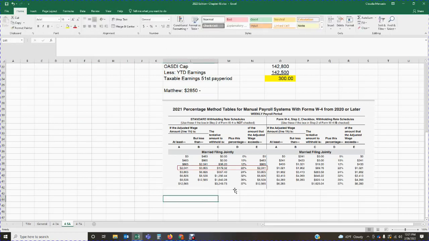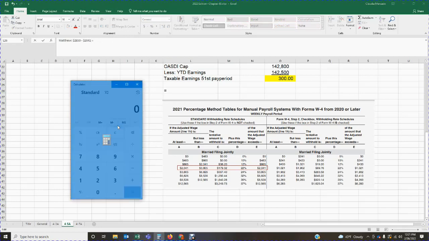Okay. So Matthew makes how much? $28.50. So we're going to deduct from the $28.50 that $2,041. We're going to subtract, and let's see what that gives us.